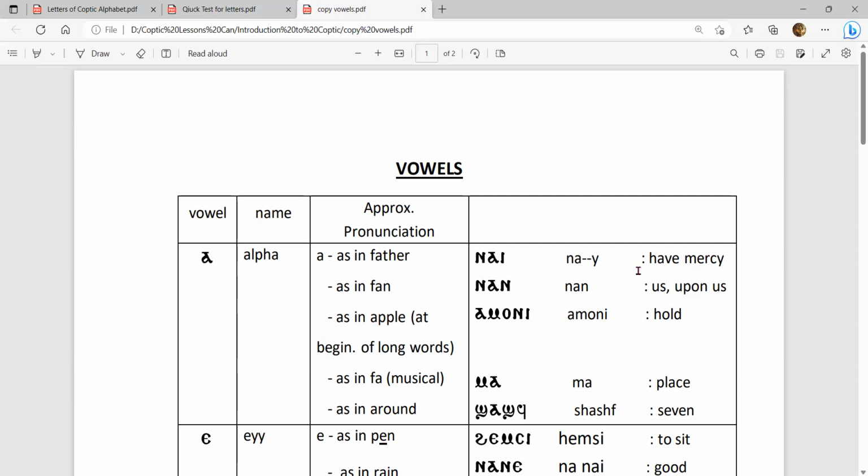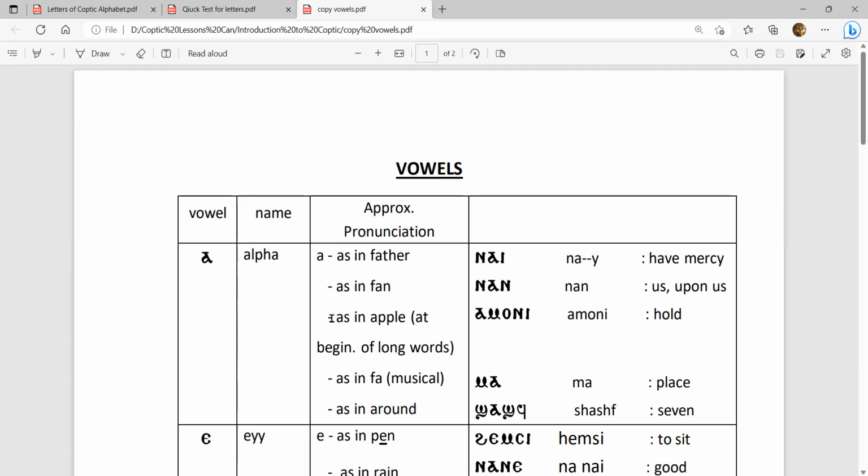In the fourth column, I have chosen some words. The first one is the Coptic word. The second to it is the approximate pronunciation in English, and the meaning in English.